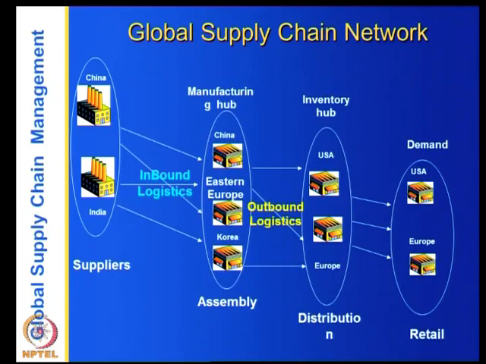In the global supply chain network, the logistics players called the third-party logistics players, UPS, DHL, and several others, have a large role to play.